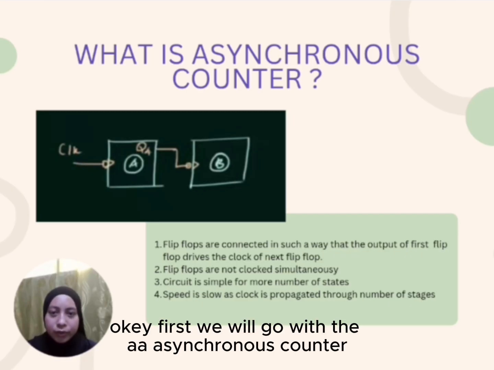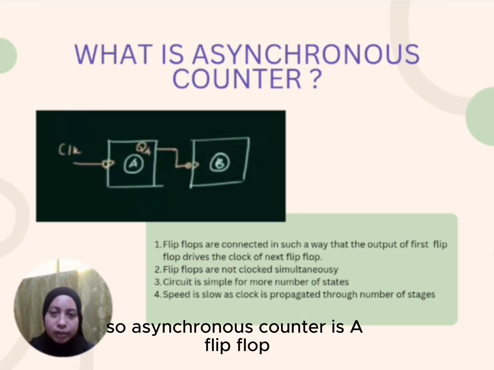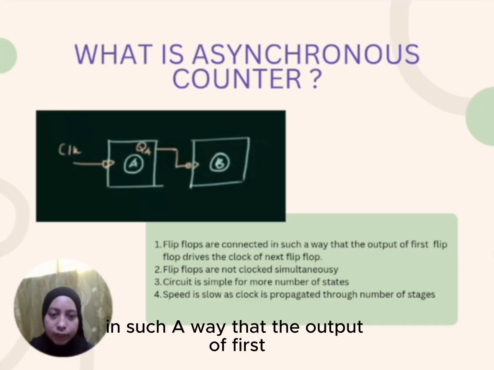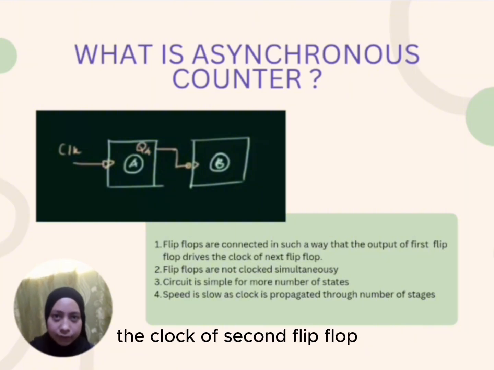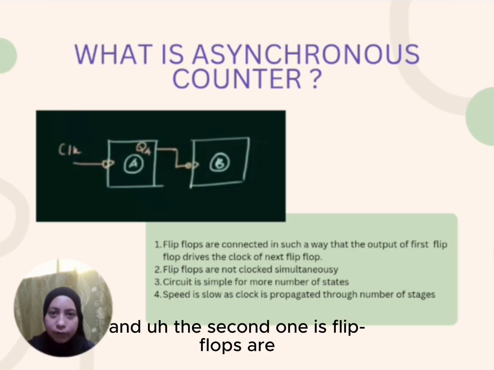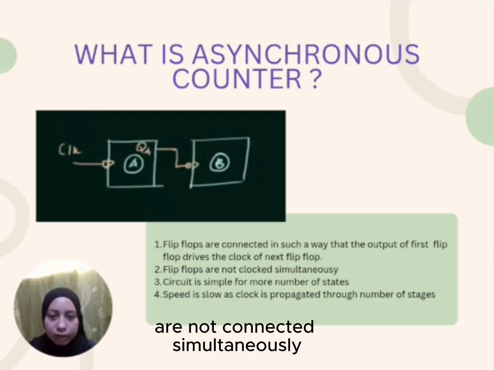Okay, first we will go with the asynchronous counter. What is asynchronous counter? Asynchronous counter is flip-flops connected in such a way that the output of the first flip-flop drives the clock of the second flip-flop. The second one is the flip-flops in the asynchronous counter are not clocked simultaneously.